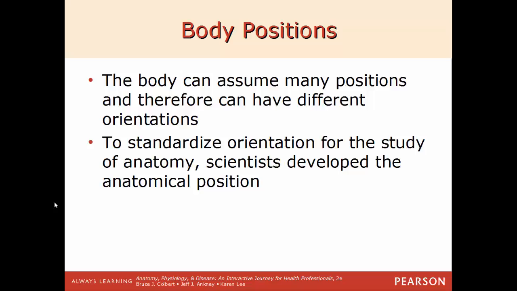You think of all the scientists all over the world who speak any number of languages. You want a term like superior to mean the same thing in English as it would in French or German or Russian or any other language. So the starting point for all those directional terms is what's called anatomical position.